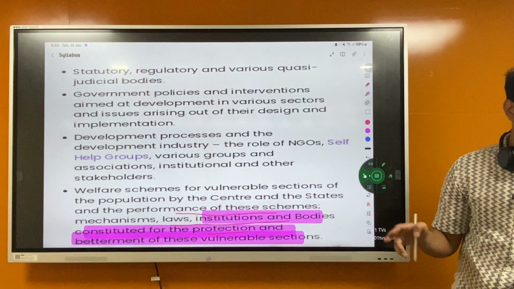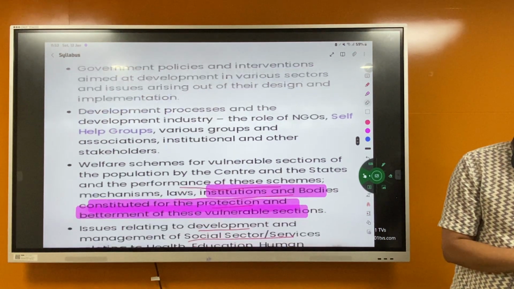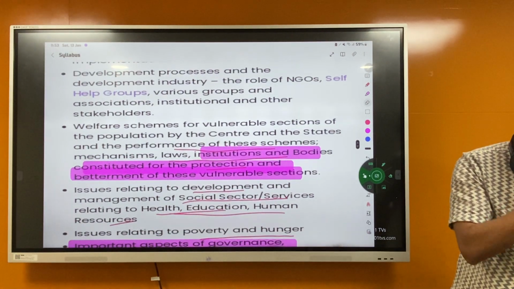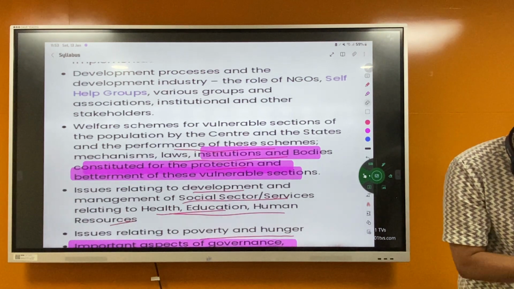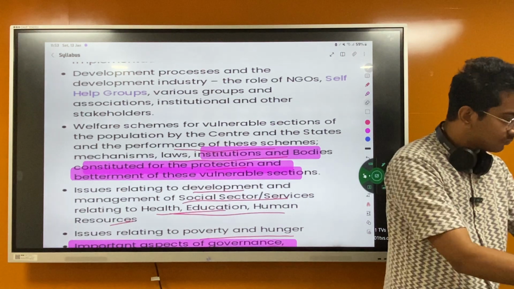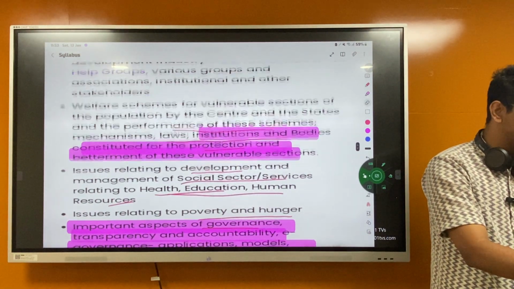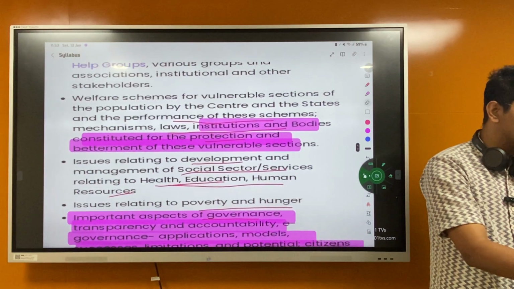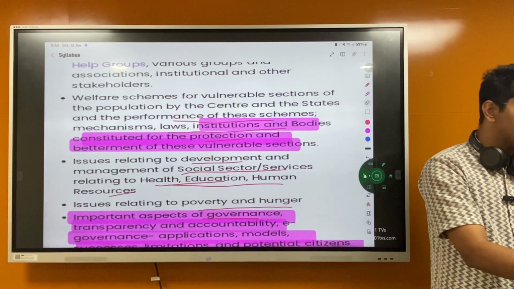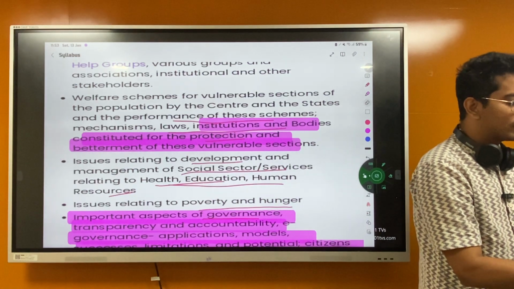Till here done? Next is welfare schemes for vulnerable section of the population by the center and the state, and the performance of the scheme.